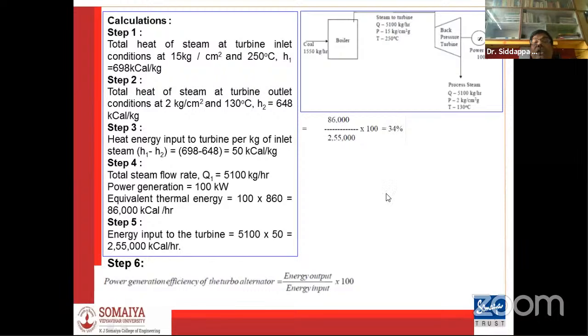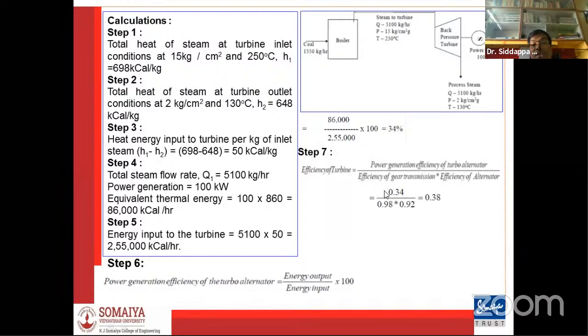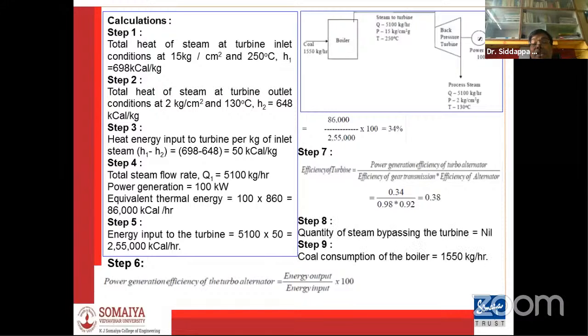You get 34% as the thermal efficiency. And the efficiency of the turbine, that means the power generation efficiency of the turbo alternator, he has given as 34%, and the other efficiencies he has also given: efficiency of the gear transmission and efficiency of the alternator.